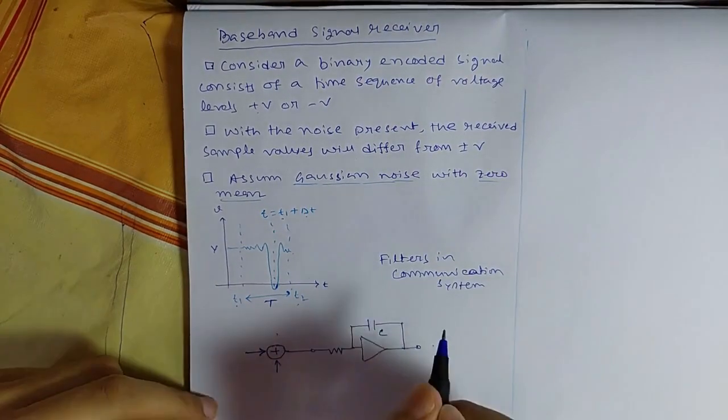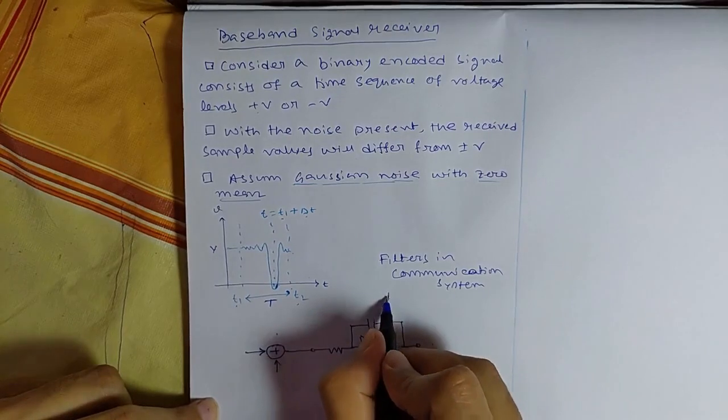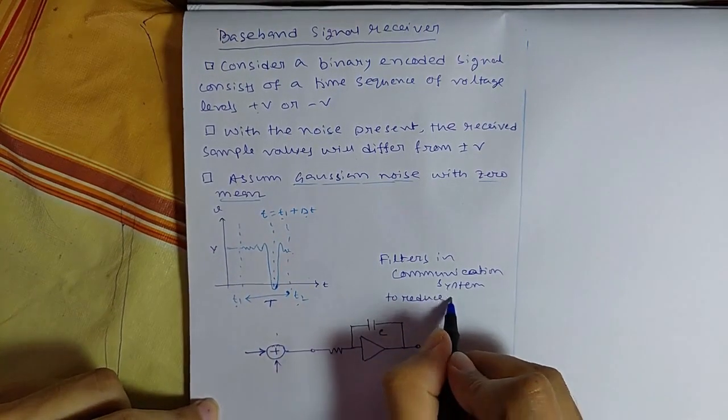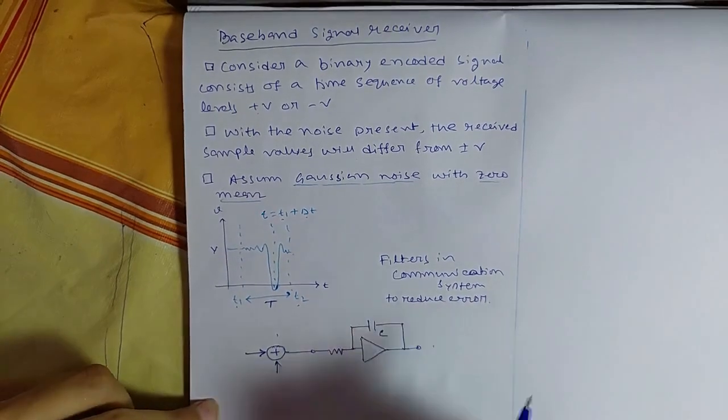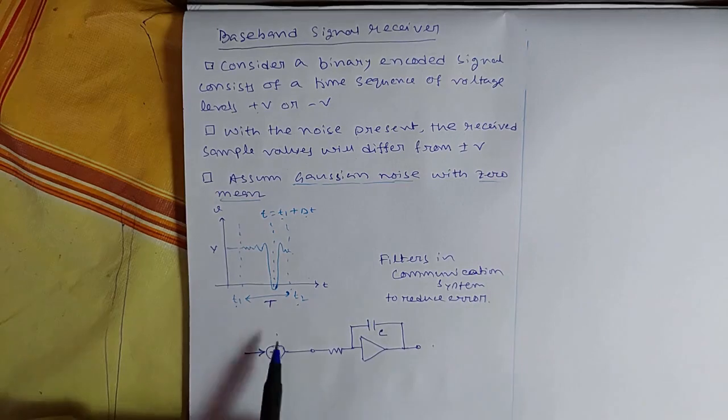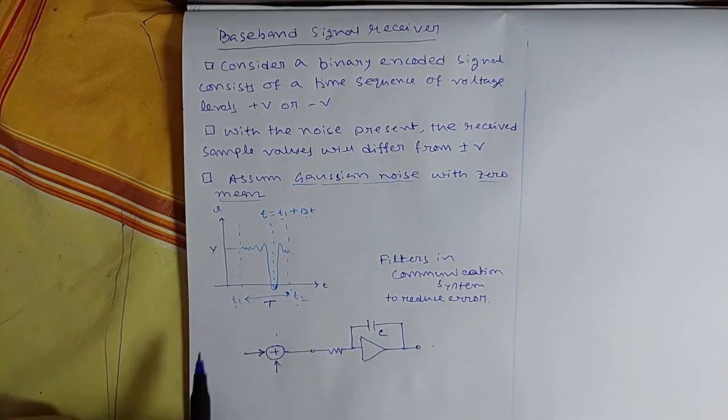So the main purpose of filters is to reduce errors and sampling errors in communication systems. Here I have drawn a circuit.